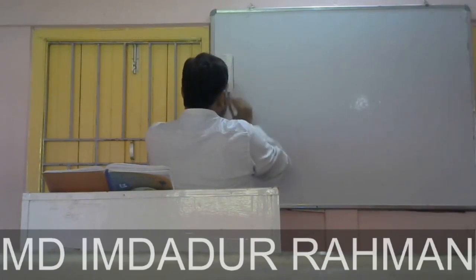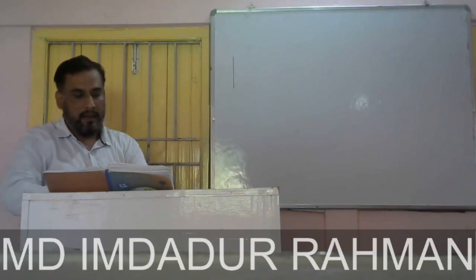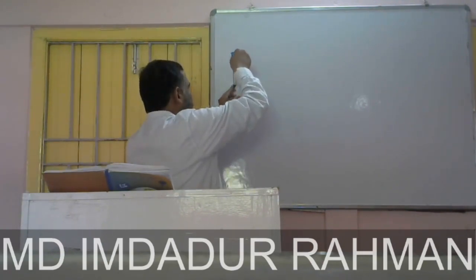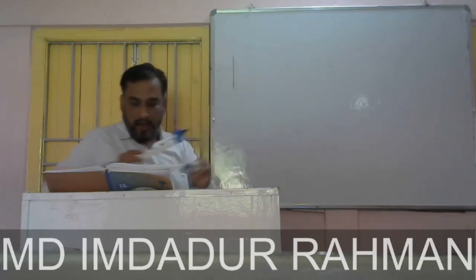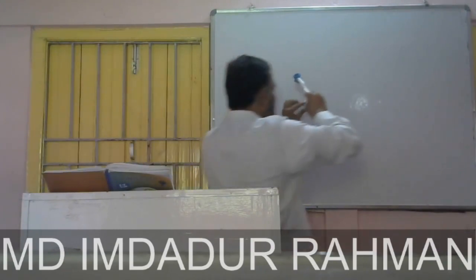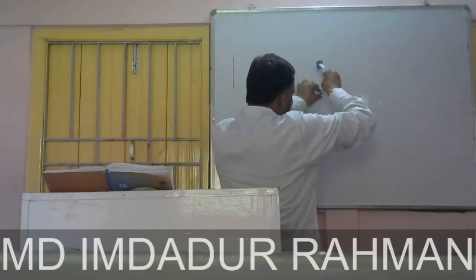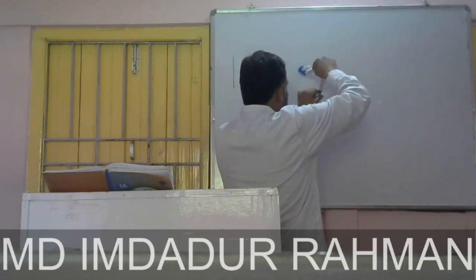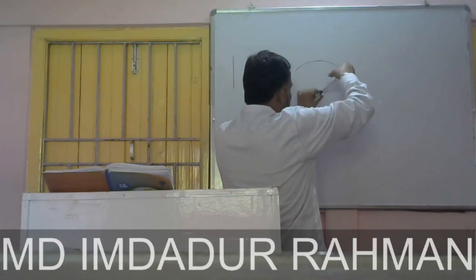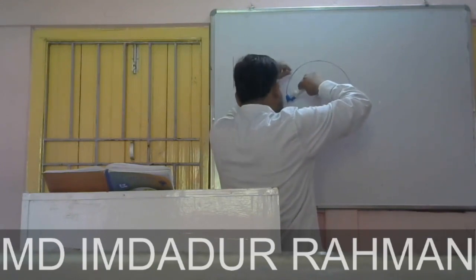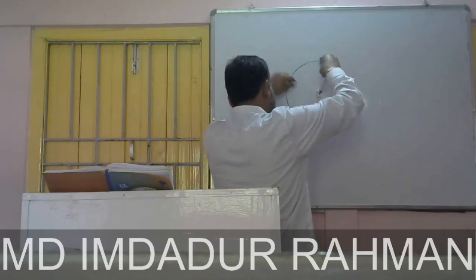You see, I have taken the line segment of length 6 cm and taken the measure of it, and now we have to draw a circle. Using your compass, we will draw a circle.